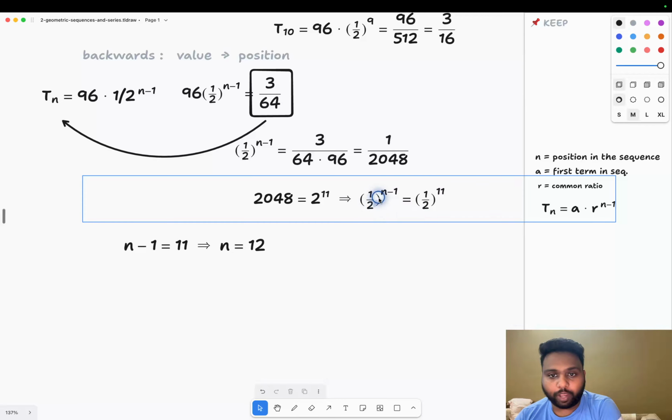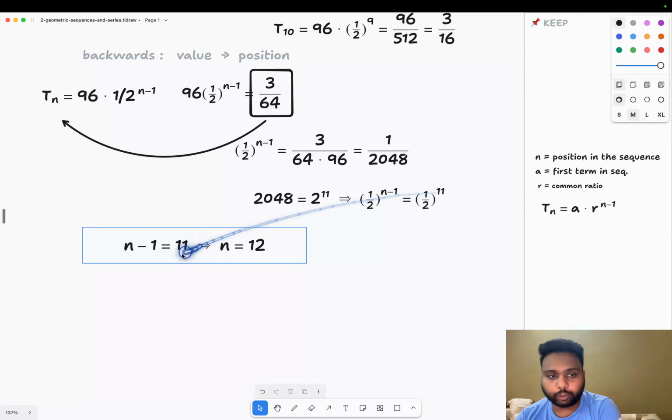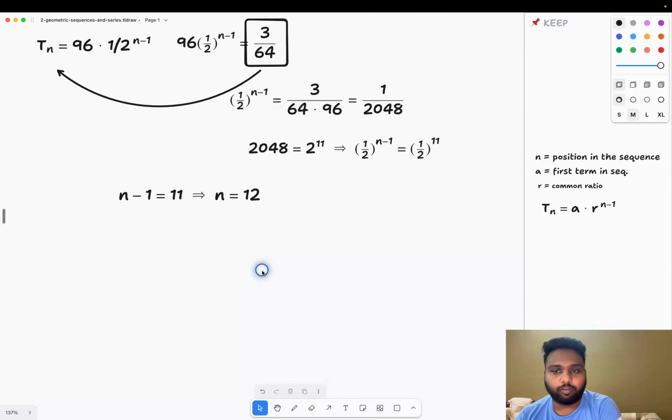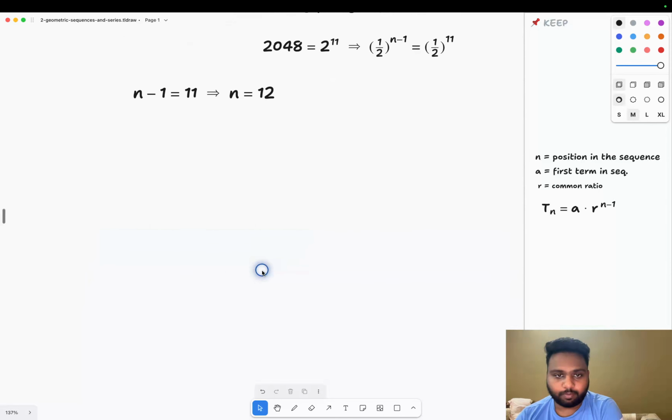Because 1 by 2 to the power n minus 1 is equal to 1 by 2 to the power 11, we can cancel 1 by 2 out and just compare n minus 1 equal to 11, and from that the value of n is going to be 12. Okay, moving on.